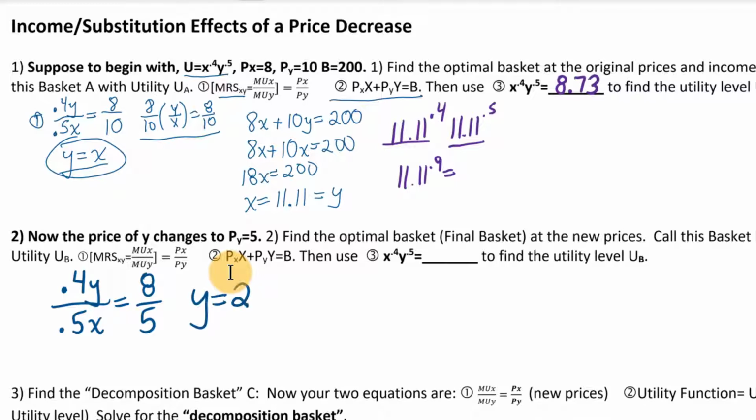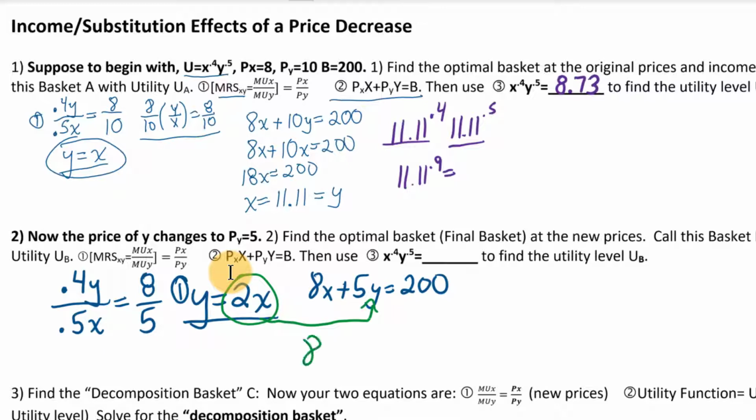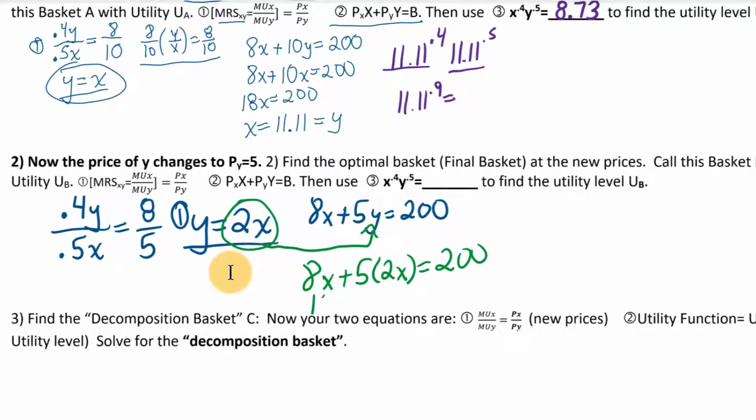So that's our simplified version of equation 1. And then we're going to plug that into the budget line equation, which is 8x plus 5y equals $200. And we plug that in for y right there. And we're going to get 8x plus 5 times 2x, which will be 10x, equals 200, which is going to give us 18x equals 200.